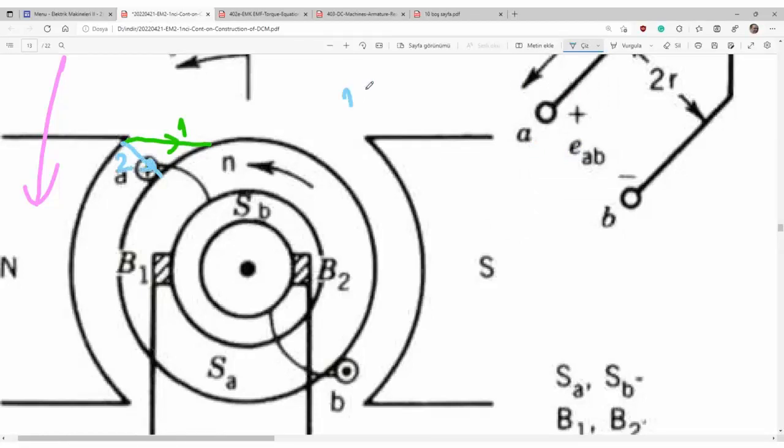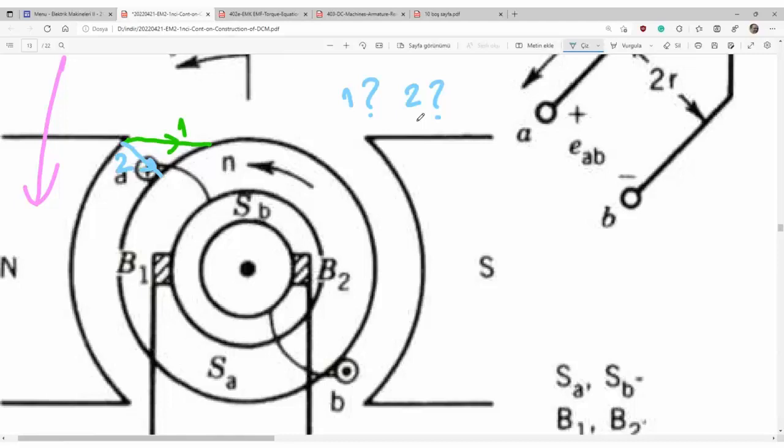Which one is true? First choice or second choice? Please write it down in the chat box. I'm waiting for a response. Which one is true in your opinion?